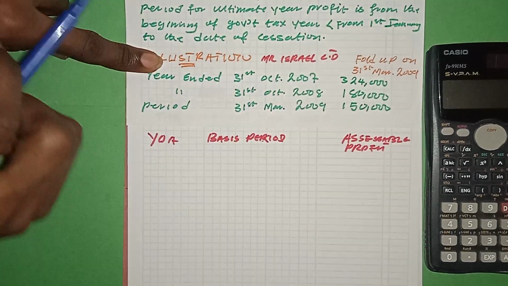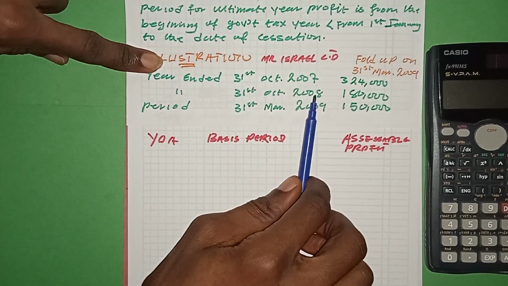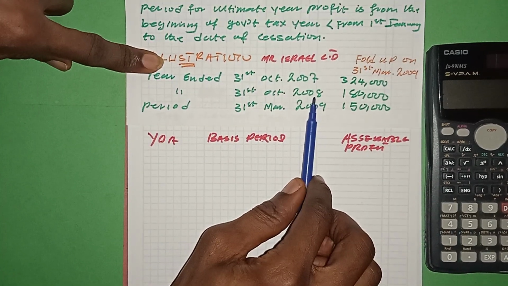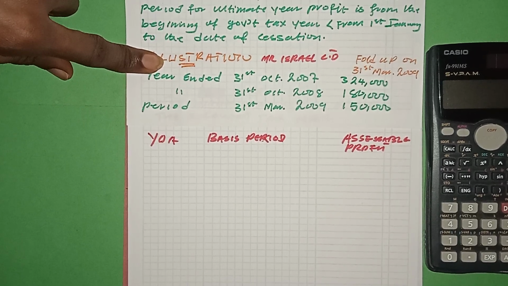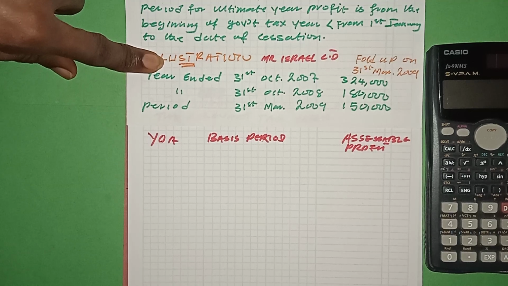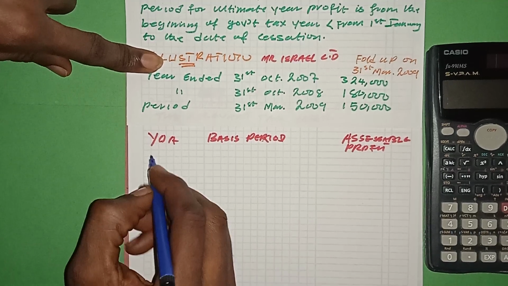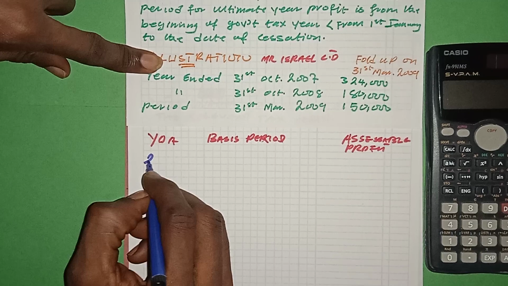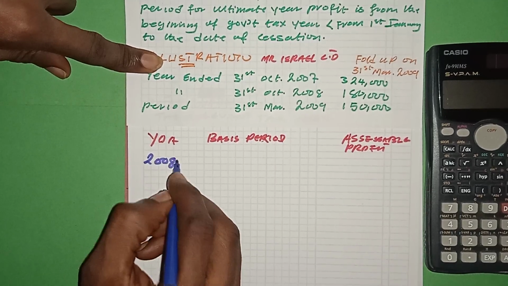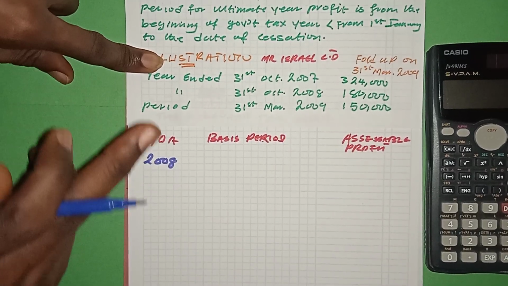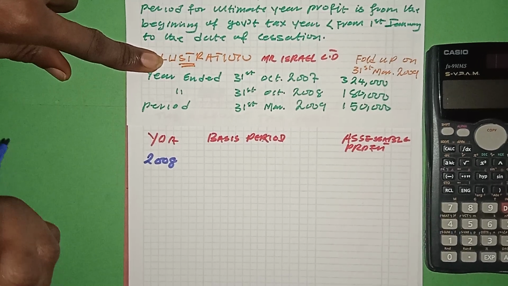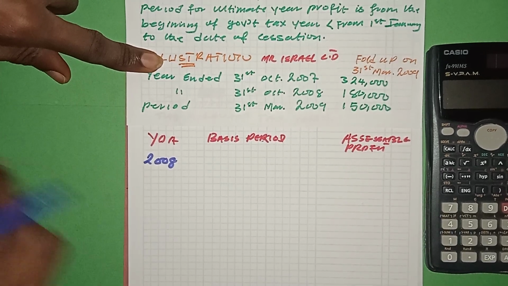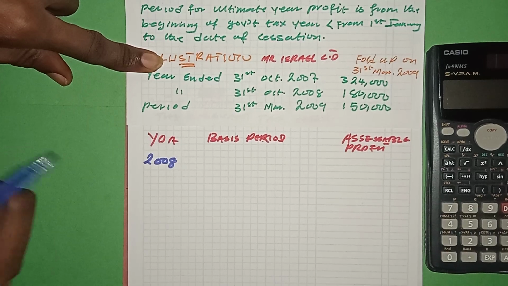So which year comes before the year of cessation? 2008. And this 2008 will automatically become your tax year. That is to say 2008. And the first year, the penultimate year, is on preceding year basis. Now, 28 will now access what?